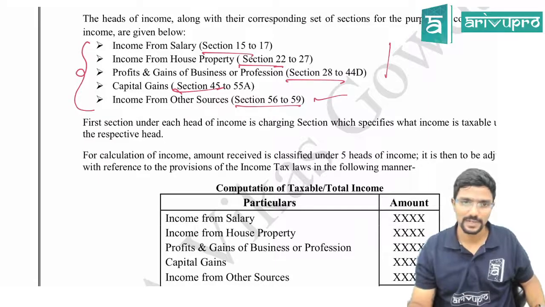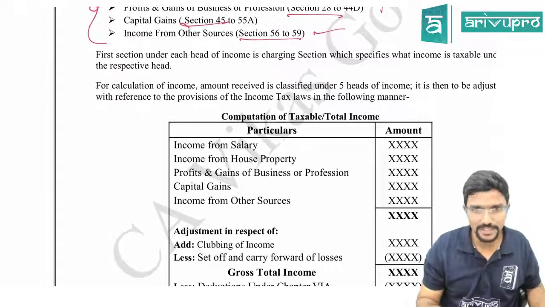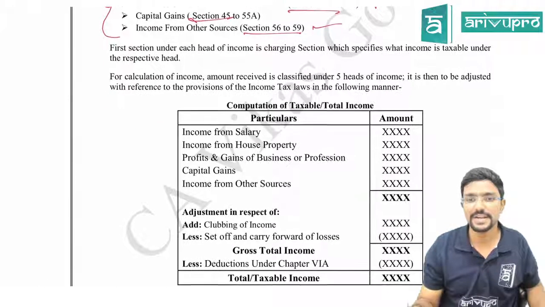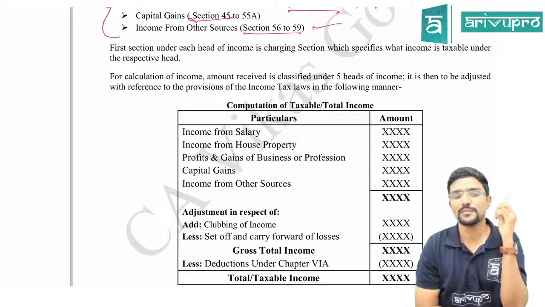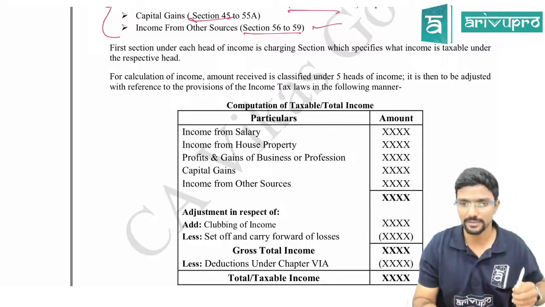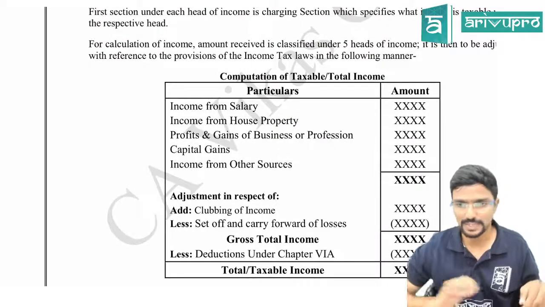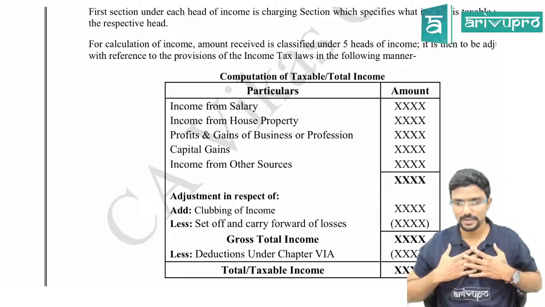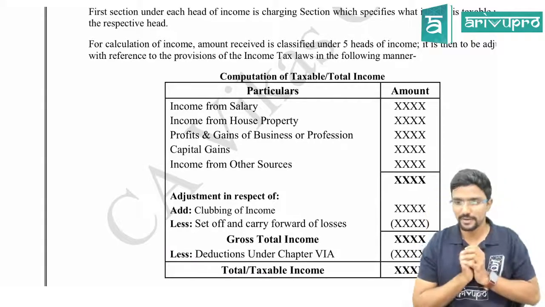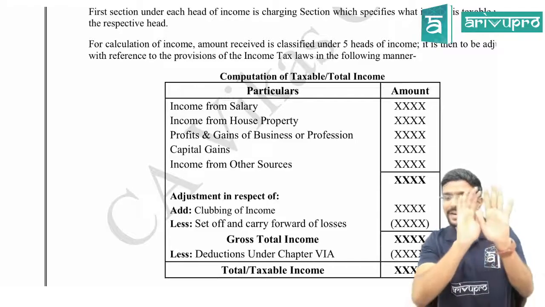Clear? Then for calculation of income, the amount received is classified under 5 heads of income. It is then to be adjusted with reference to provisions of income tax laws. So what I have to do in this chapter is, see guys, in chapter 4 we calculated our tax on what figure? The total income figure, but the total income figure was readily given in the question.